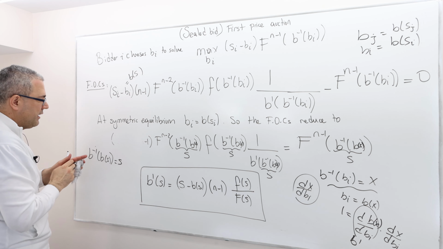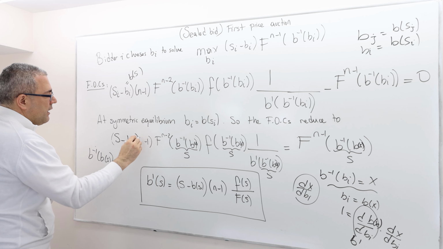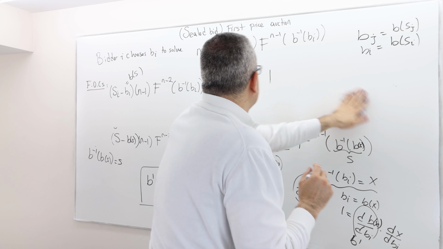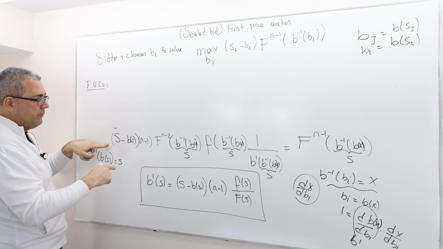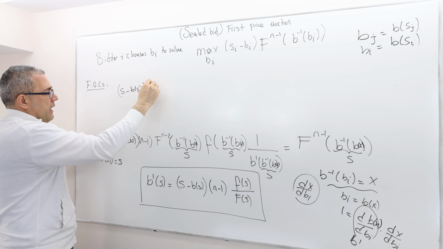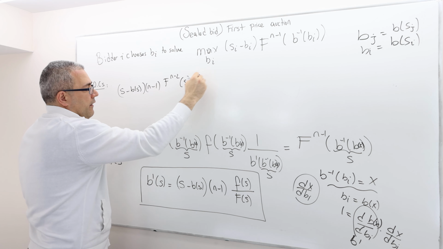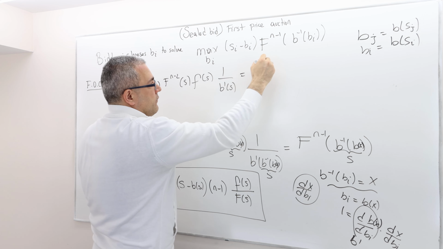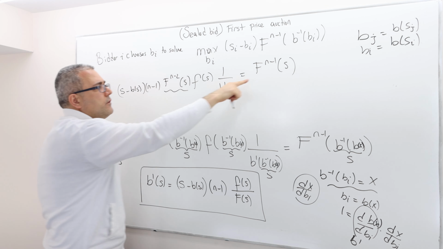So let's clean up. What is this term? It becomes s minus b of s, times n minus 1, F to the power n minus 2 of s, f of s, times 1 over b prime of s, equal to F to the power n minus 1 of s.